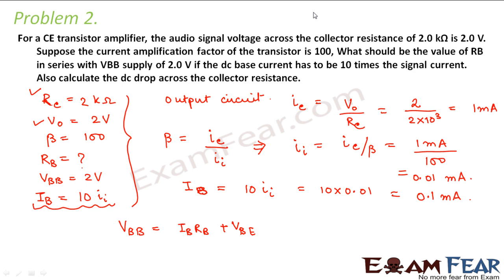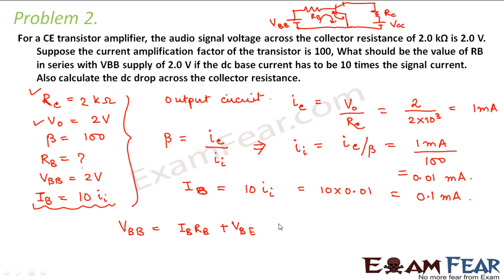If you remember your circuit, this is how your circuit will look like. This will be VBB, this will be RB, this will connect to the base, this will be your emitter, and then again you will have RC, and here you will have VCC. Kirchhoff's law, when applied on this circuit, where VBE is the potential difference between the base and the emitter, gives us this expression.